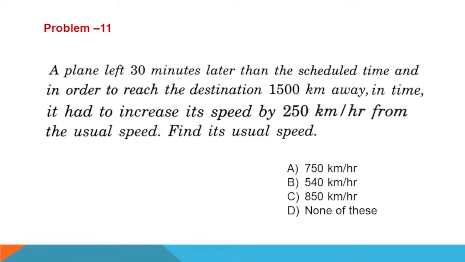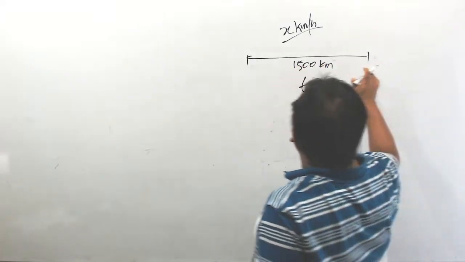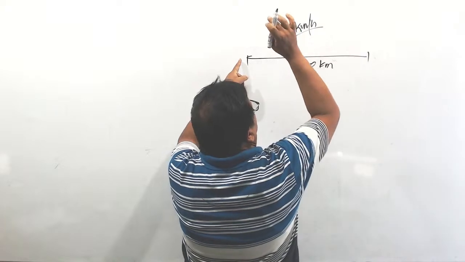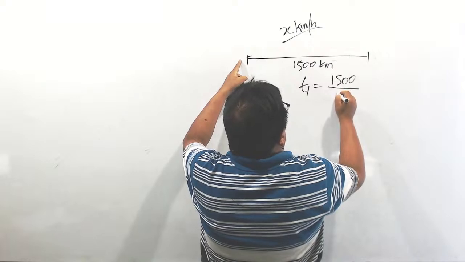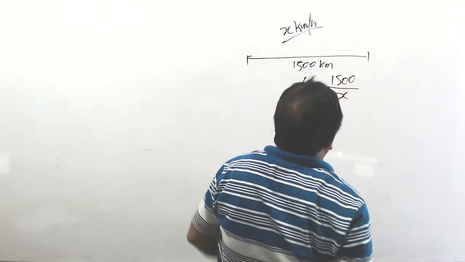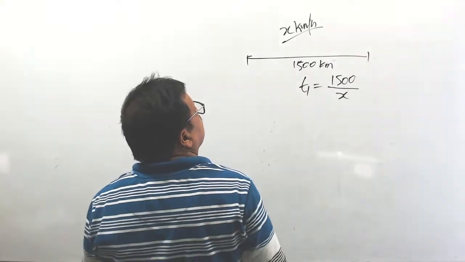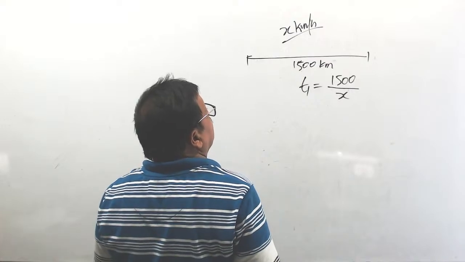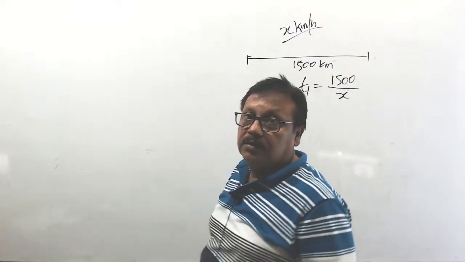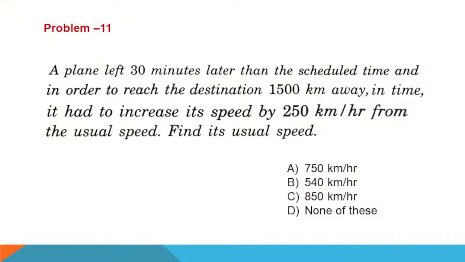It will take some time t1 to cover this distance at the usual speed x kilometers per hour. Understood? This is the time t1. Distance is v into t. Now it is 30 minutes late. So the plane increases its speed by 250 kilometers per hour.